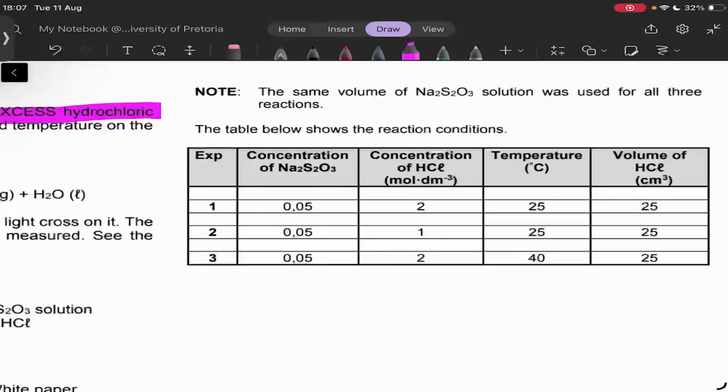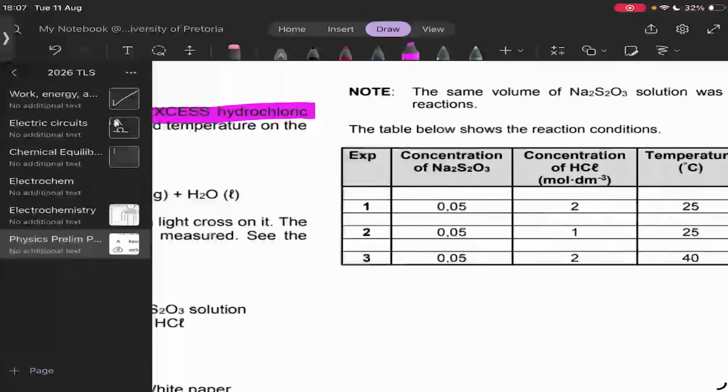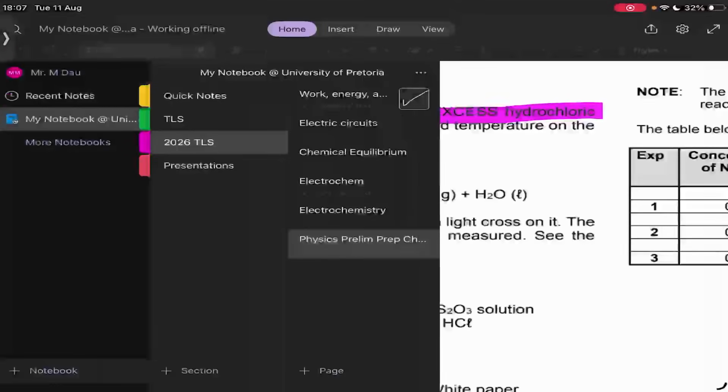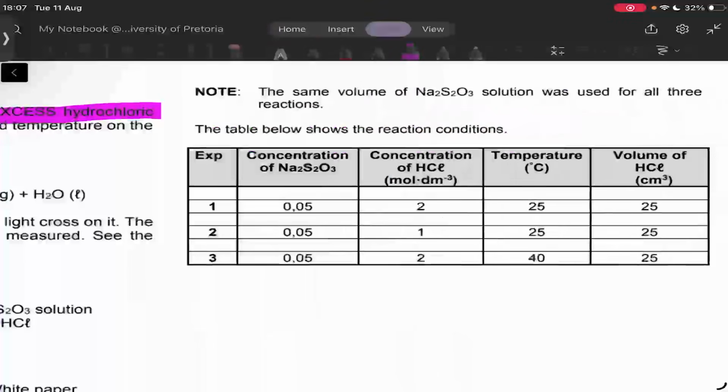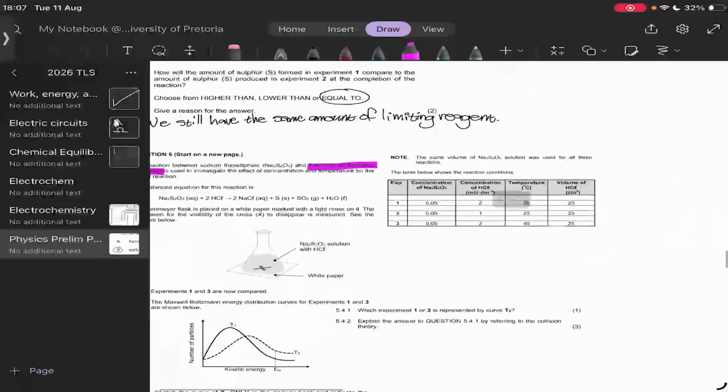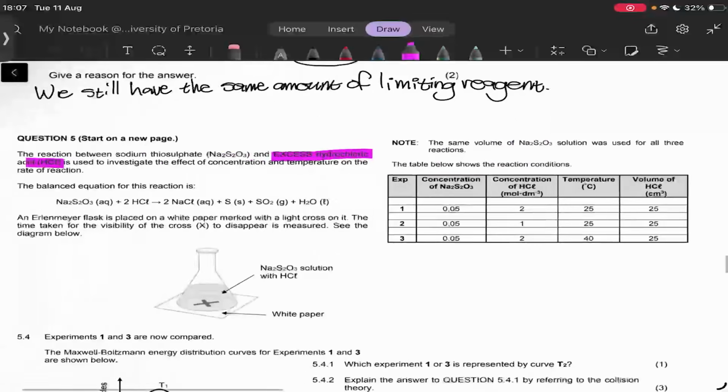I'm not sure why exactly, but my screen is frozen. Might have to just exit and reopen. Sorry for the inconvenience, guys. Oh, sorry. Yeah, there we go. Cool.